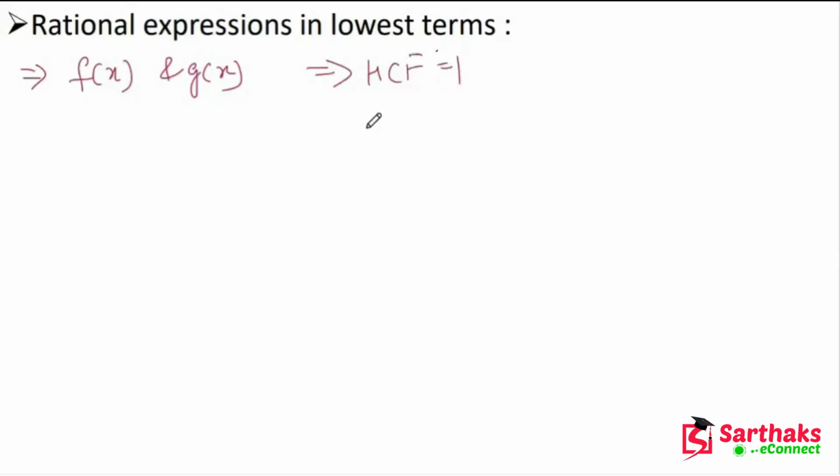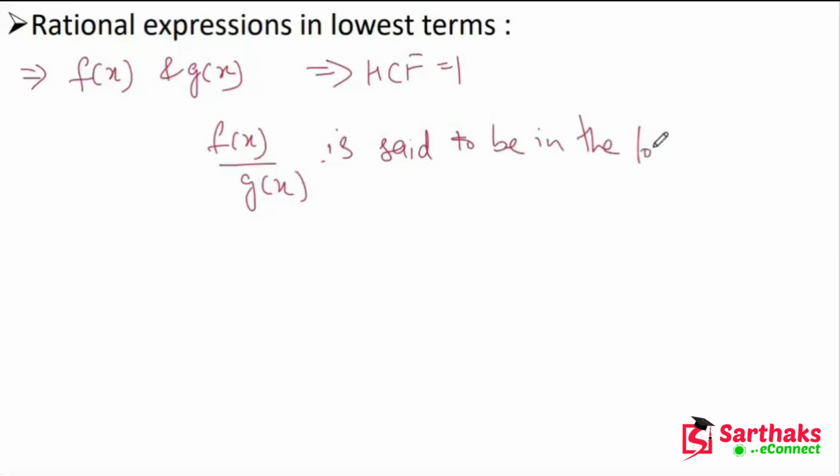Then the rational expression f of x upon g of x is said to be in the lowest form. So when the HCF of f of x and g of x is 1, it is said to be in the lowest form. Okay, I hope you get this point.